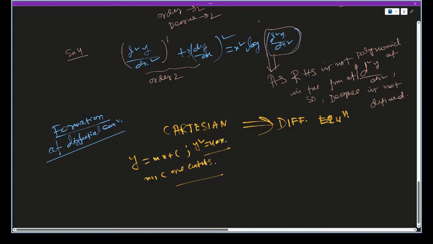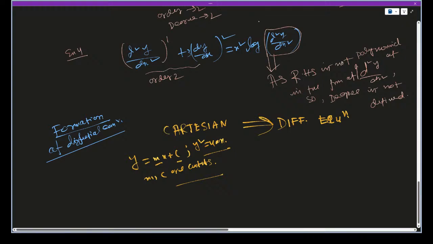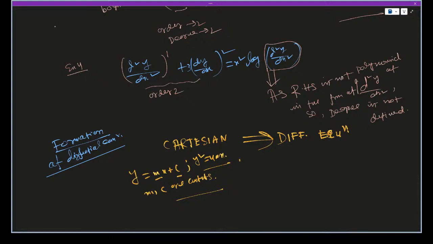If an equation contains two arbitrary constants like m and c, how many times can you differentiate to remove m and c? Twice. Its order is going to be 2. Think about y square equal to 4x. How many times can you differentiate this one? Once only, because there is one arbitrary constant.